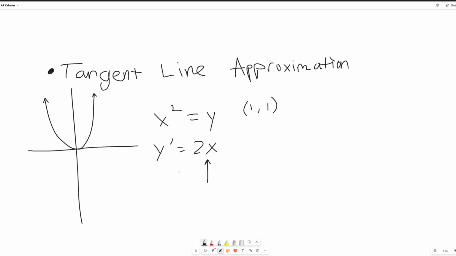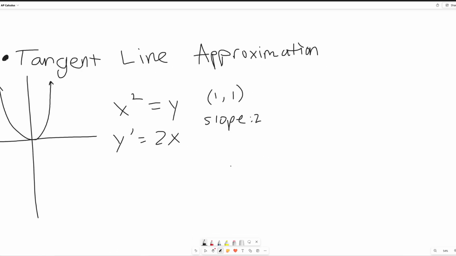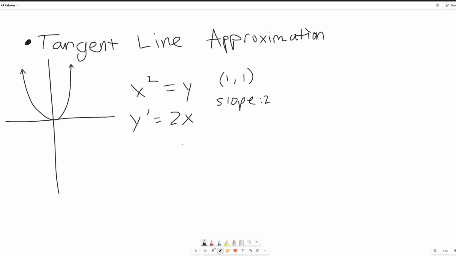So at x equals 1, you have y prime equals 2. So the slope at x equals 1 is 2. So if we were to write our tangent line, we have y minus 1 equals 2 times x minus 1.